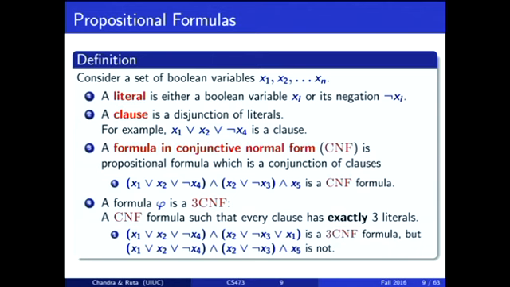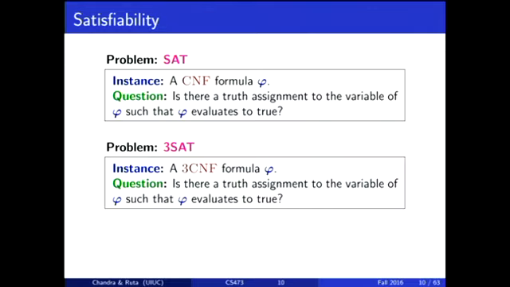So clearly 3CNF formulas are a special case of CNF formulas, since we are making an additional restriction. So what is the satisfiability problem, SAT for short? I give you a formula and I say, is this formula satisfiable? That's it, as simple as that.